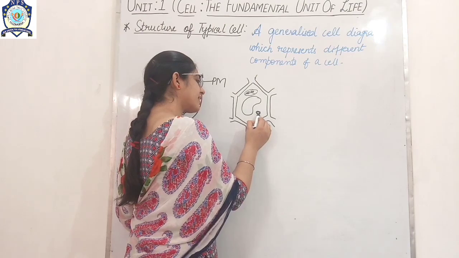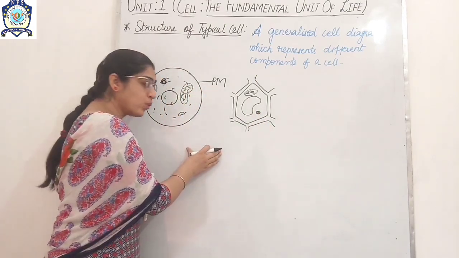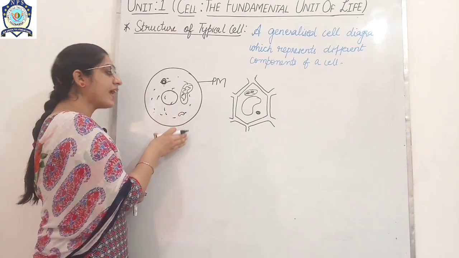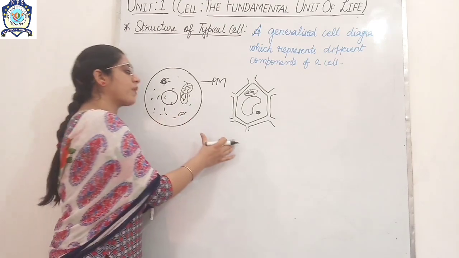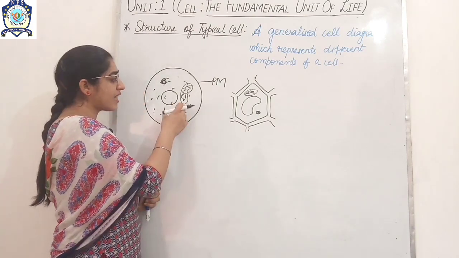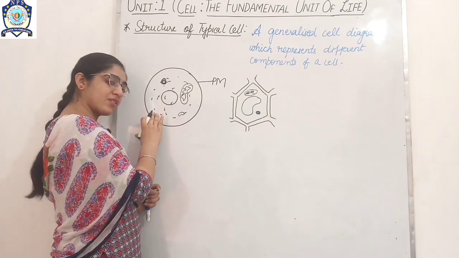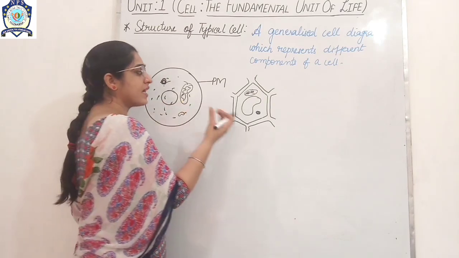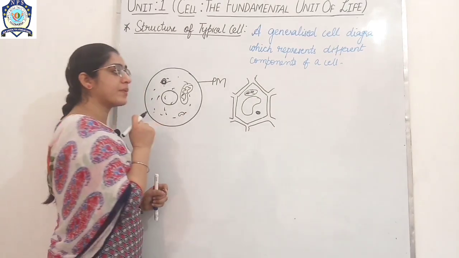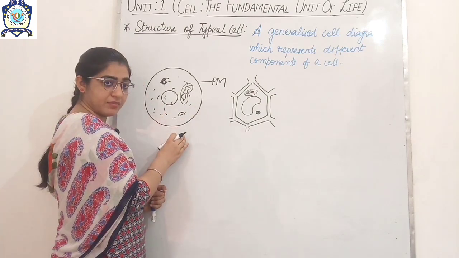Also there is at one side the nucleus. So in this way you can observe that animal cells and plant cells have different components. Like the mitochondria, some are the same but some are different. Like centrosome is present in the animal cell, like chloroplast is present in the plant cell. Chloroplast is not present in the animal cell.